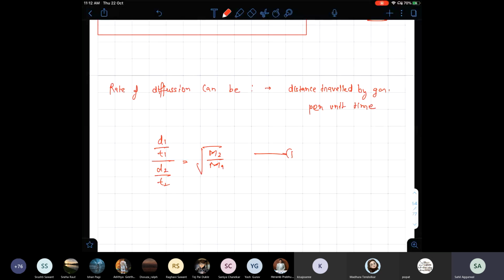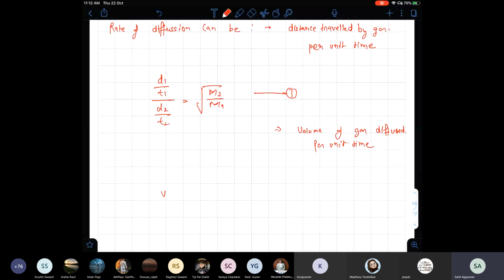It can be this. It can be volume of gas diffused per unit time. Volume of gas diffused per unit time, that is V1 by t1.